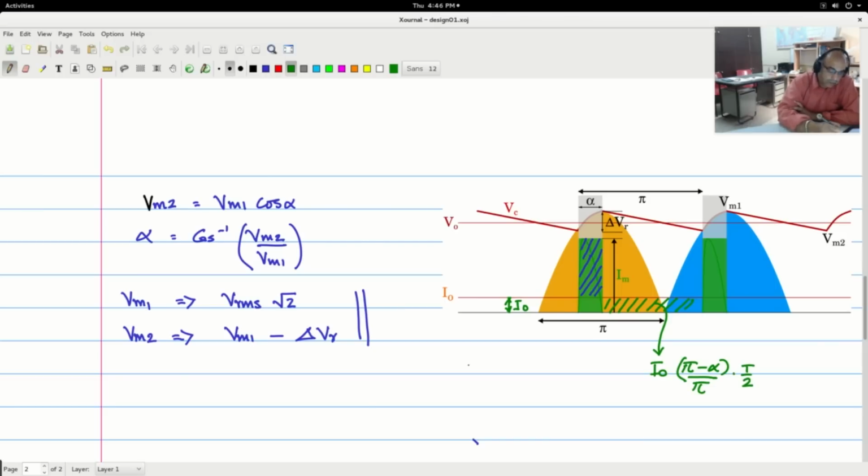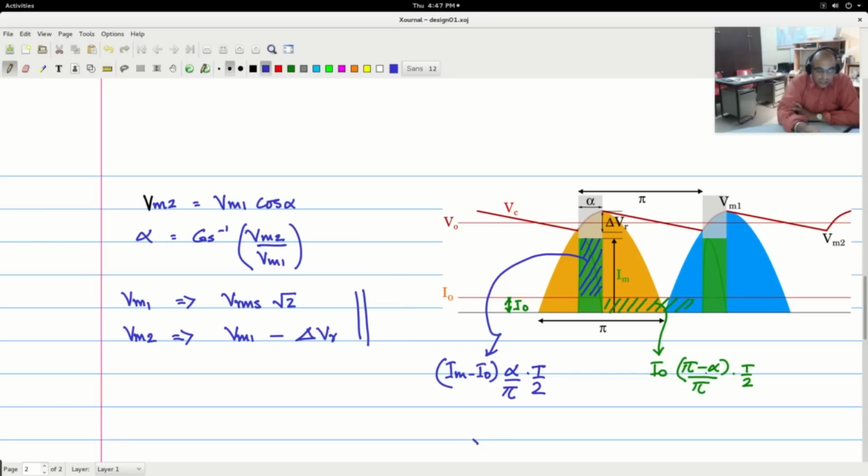That is that area, and this area of course is Im minus I naught, alpha by pi into T by 2.